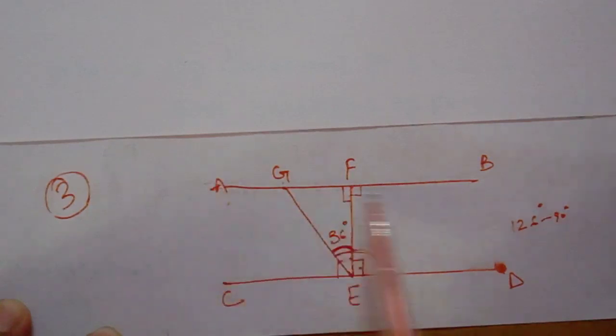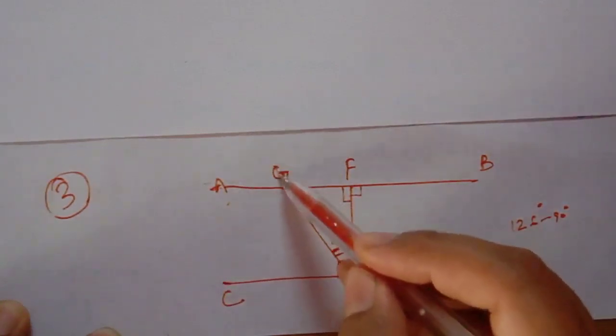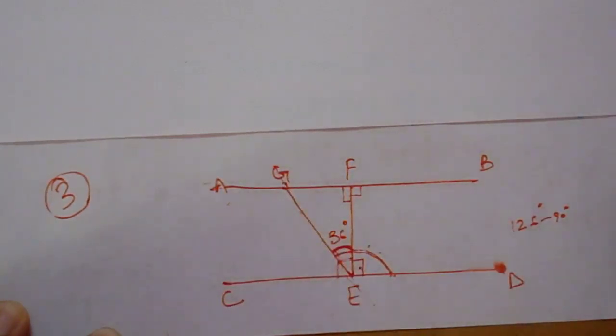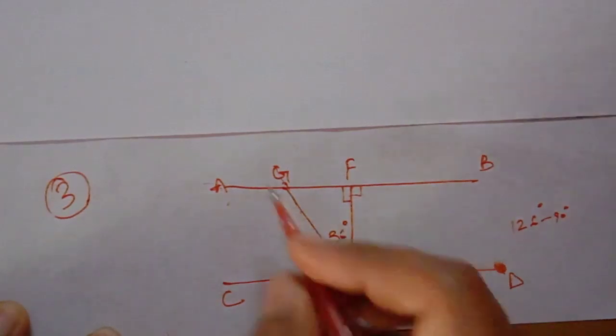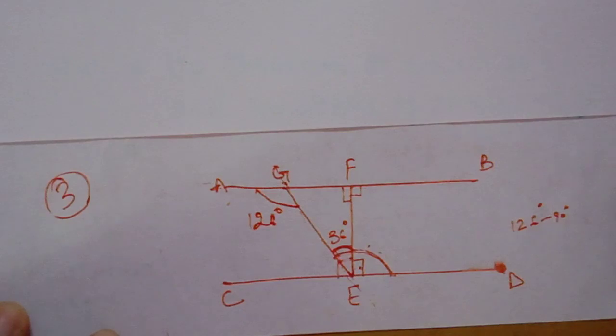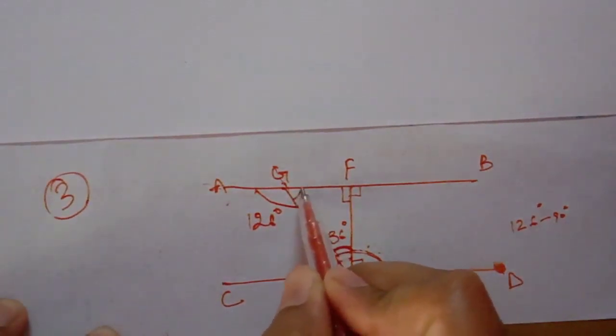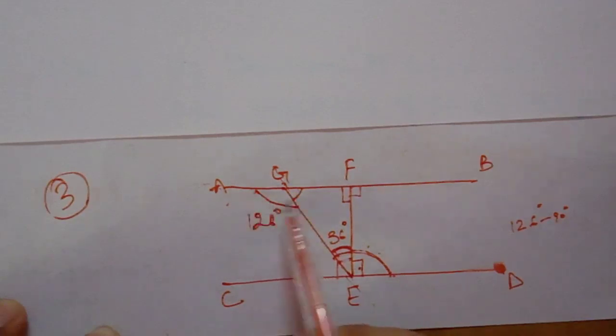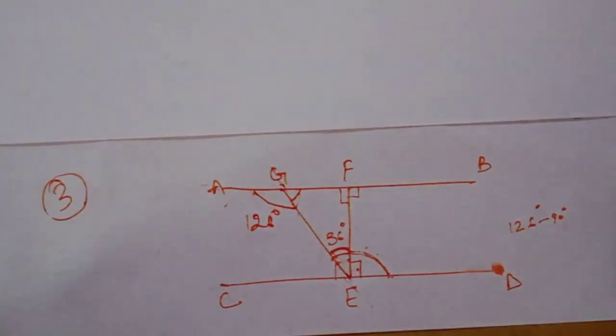Now if these two lines are parallel, then this is a transversal line. This angle and this angle are also equal to each other because of the pair of alternate interior angles. It is very easy to find this angle because of the linear pair. So we have all angles.